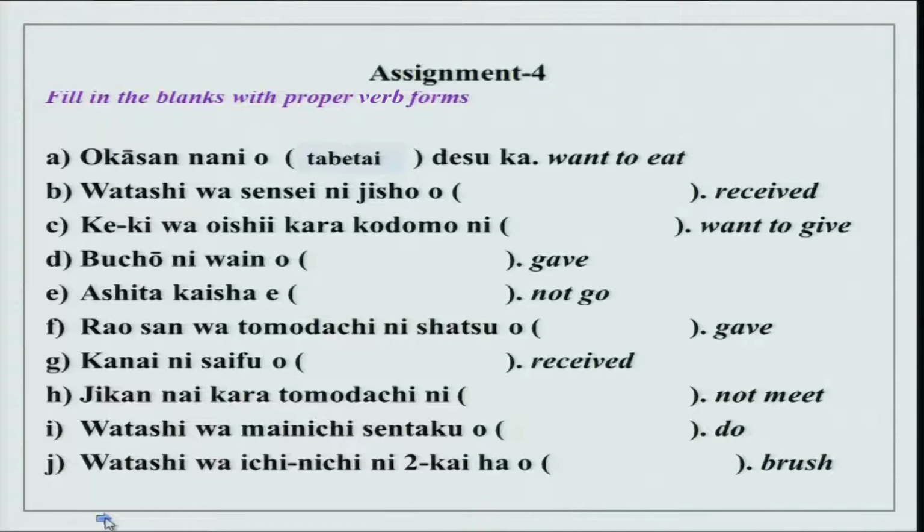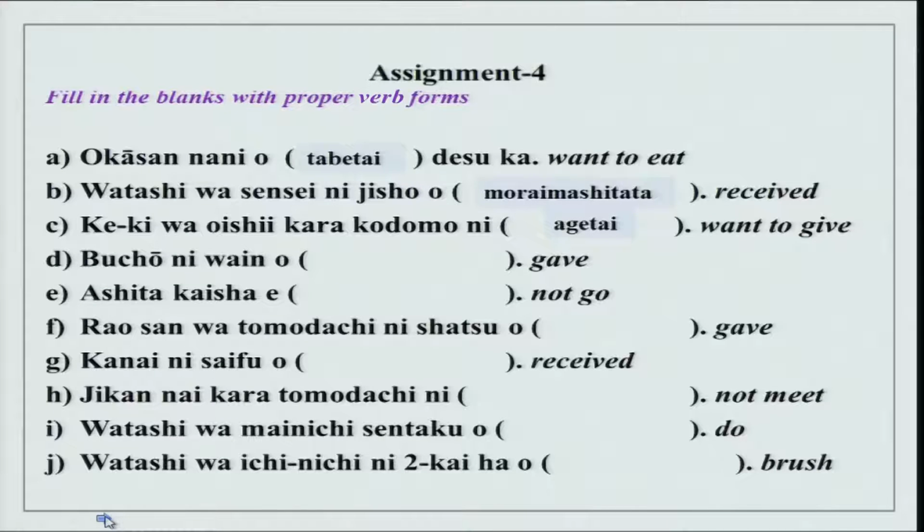Okaasan, nani o tabetai desu ka? Then we have watashi wa sensei ni jisho o moraimashita. Then we have keiki wa oishii kara kodomo ni agetai.